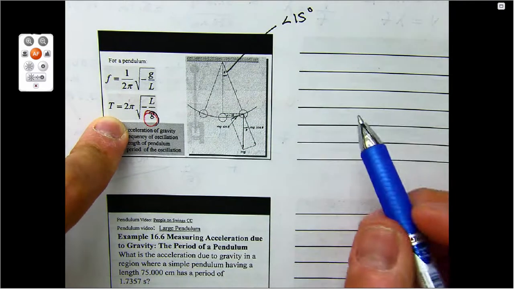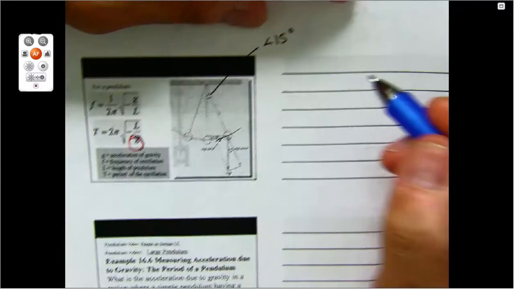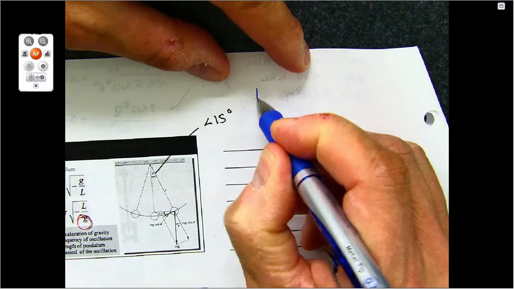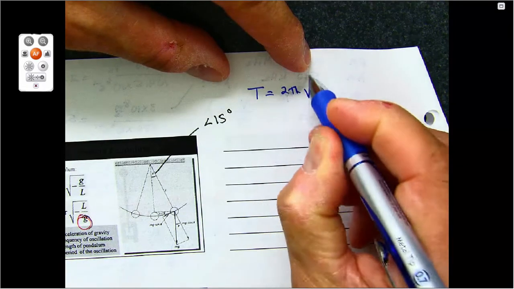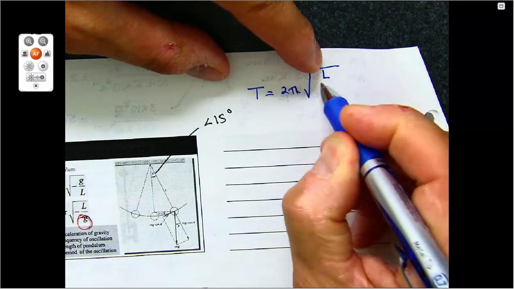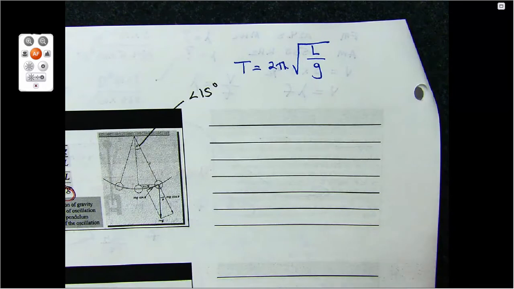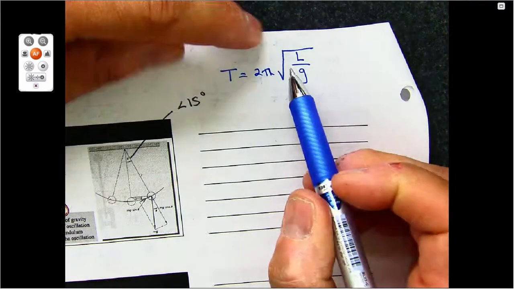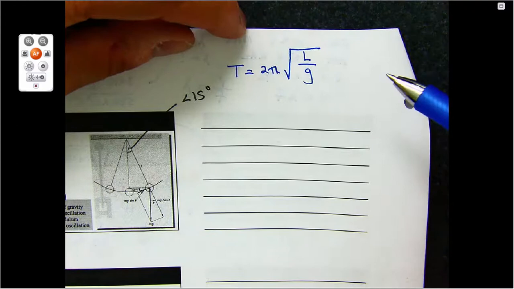So if we do this for lab, it's going to look like this. Our period is equal to 2 pi times the square root of L over g. Yeah, you can put a negative in there, use negative 9.8, but we'll keep the negative out, keep it clean.